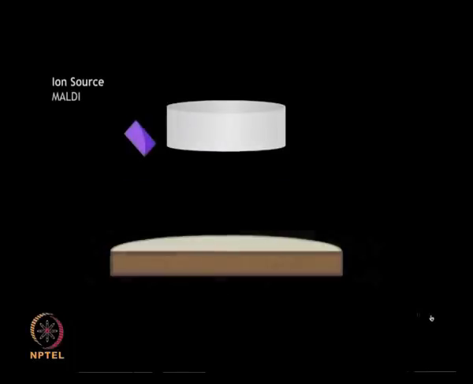The ionization source is responsible for converting analyte molecules into gas phase ions in vacuum. This has been made possible by the development of soft ionization techniques like matrix assisted laser desorption ionization, MALDI, and electrospray ionization, ESI.